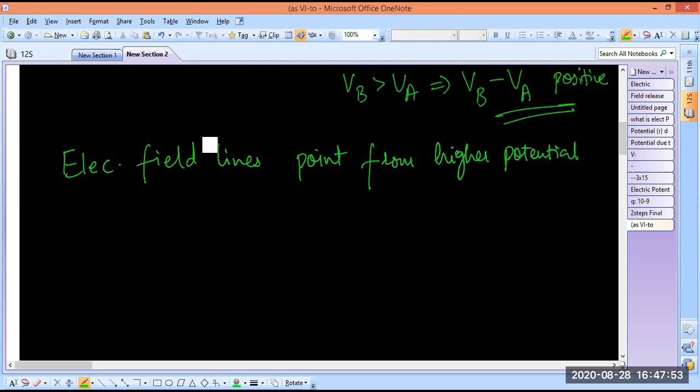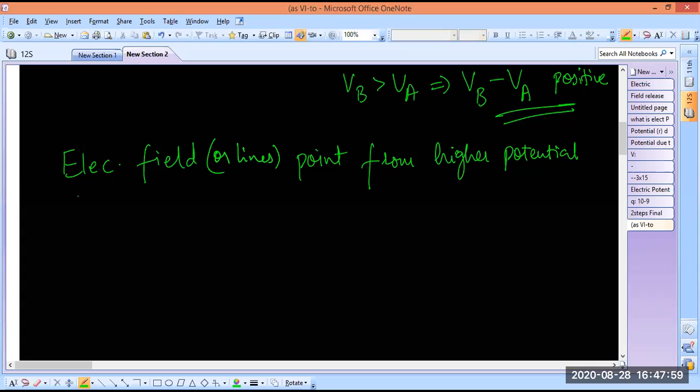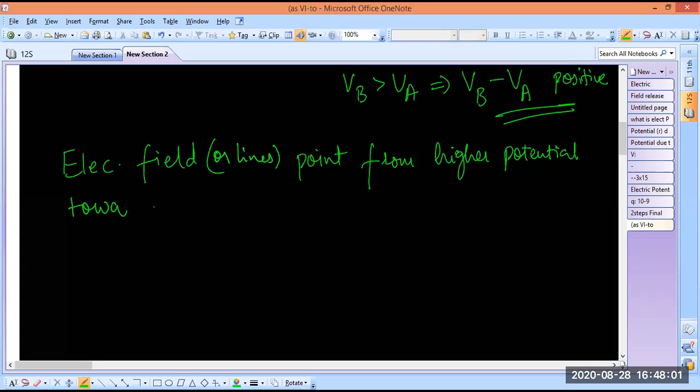Electric field or field lines both point from higher potential towards lower potential. That is always true. This sentence can never be wrong. So please write this sentence in your notebook. Make sure you remember it.